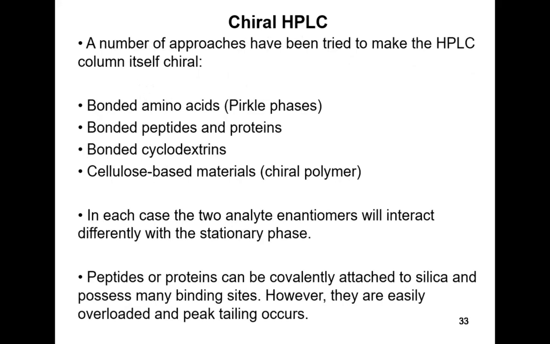But what we have to do then is to modify the surface of the stationary phase so that it carries groups which are themselves chiral, but exist as a single enantiomer.